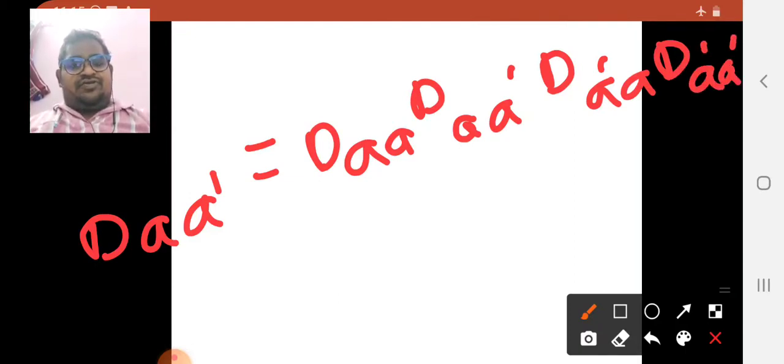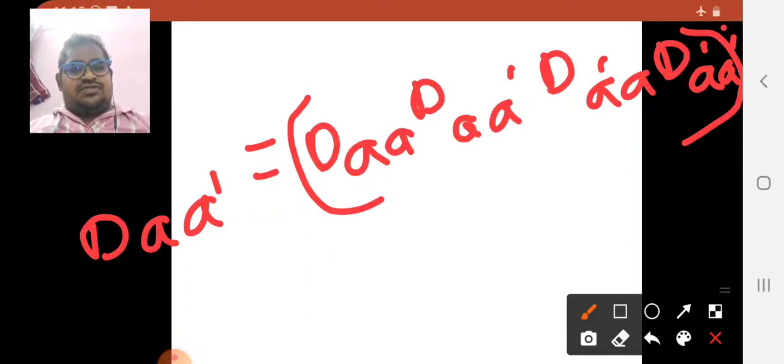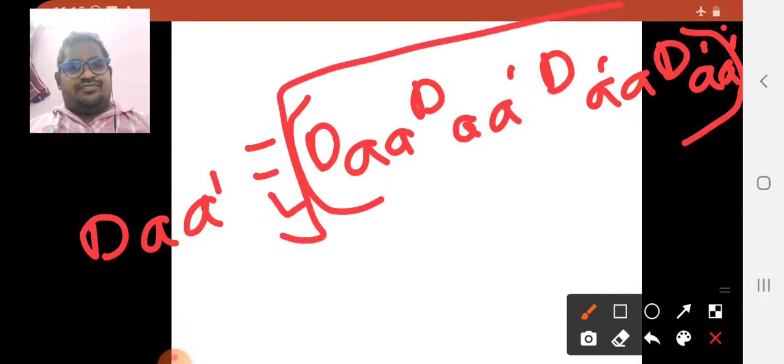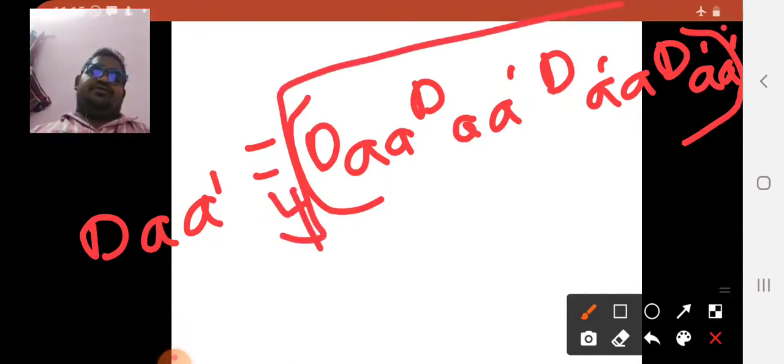As 4 terms are there, therefore it is whole power 1 by 4.